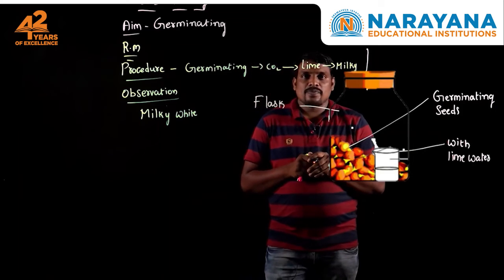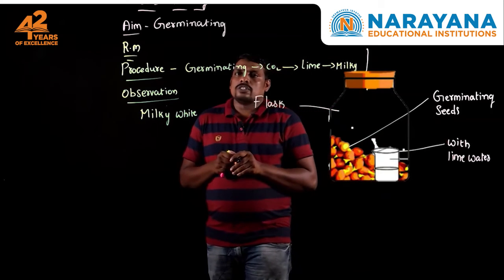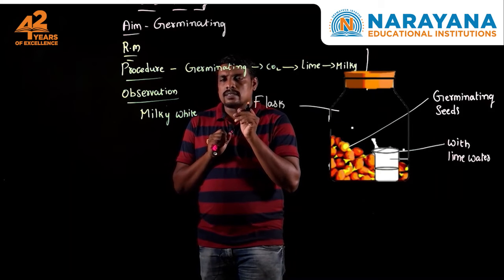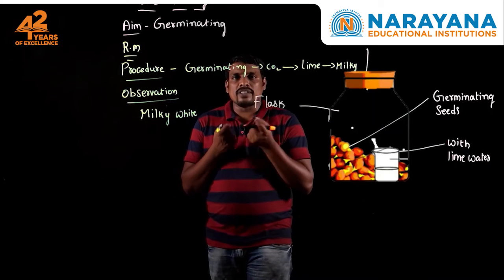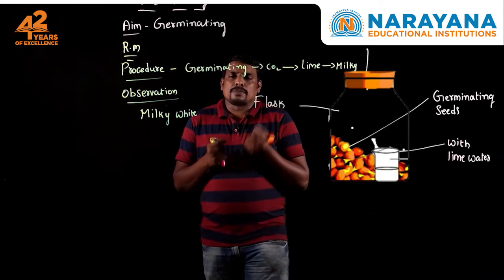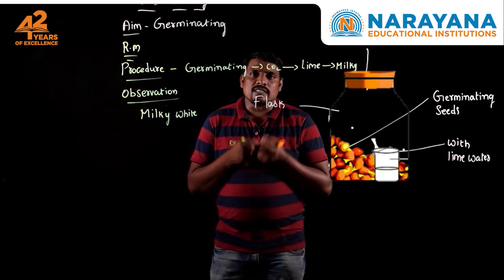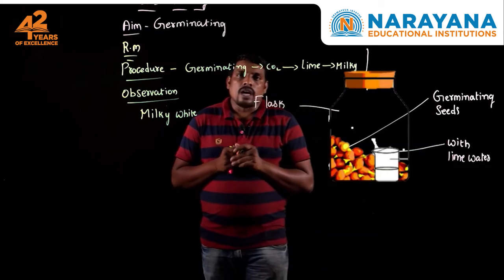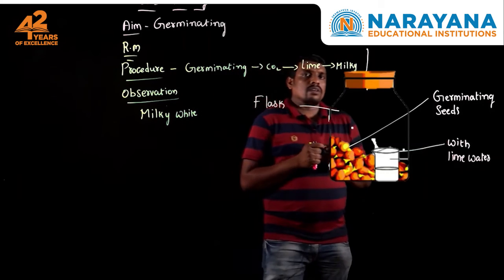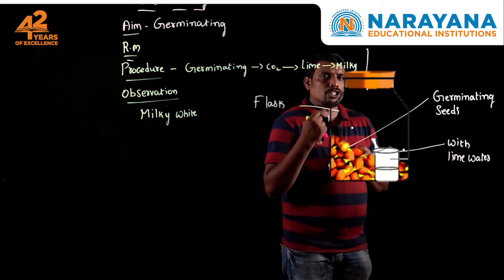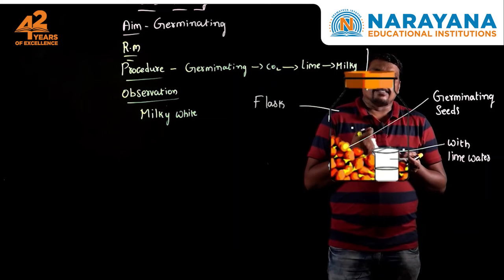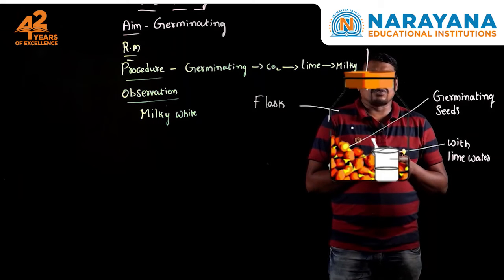Isn't it? Germinating seeds also have living cells, like us, like plants, like other living organisms. As you know, when living cells undergo cellular respiration, they produce carbon dioxide at the end of the respiration process.